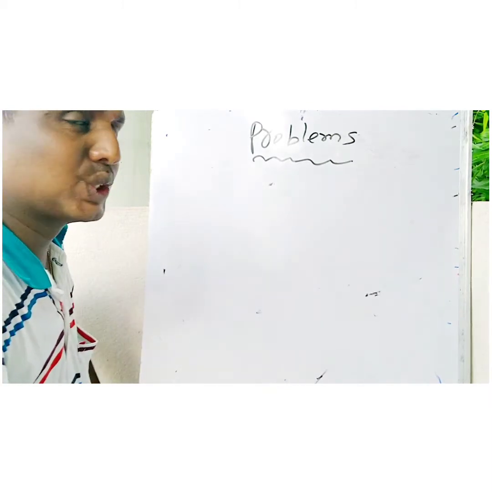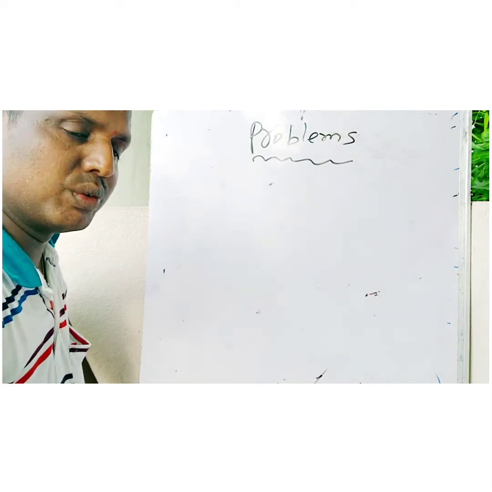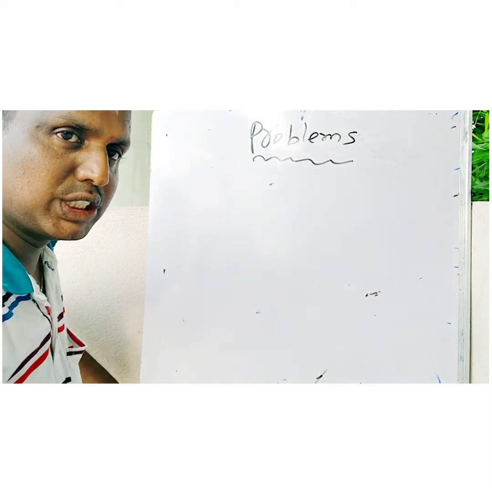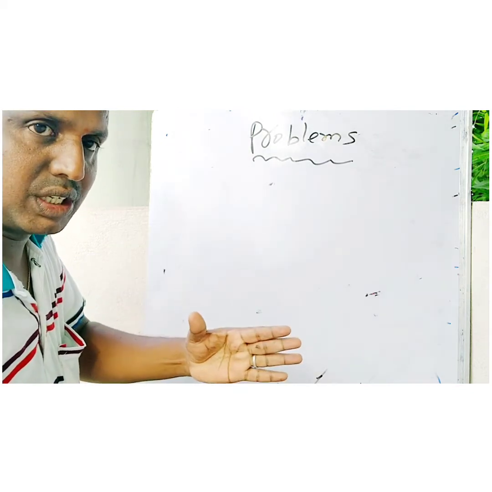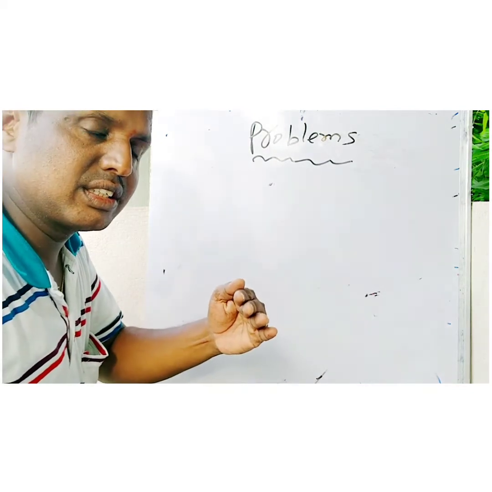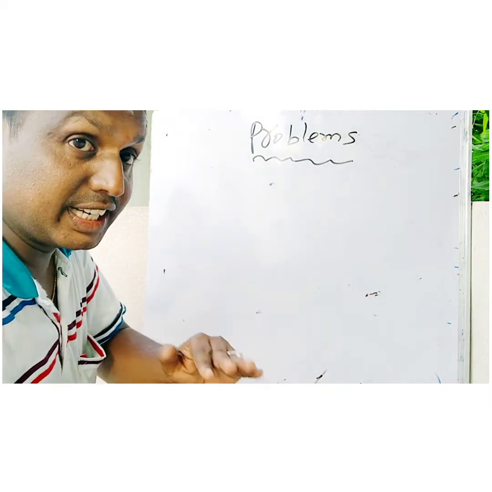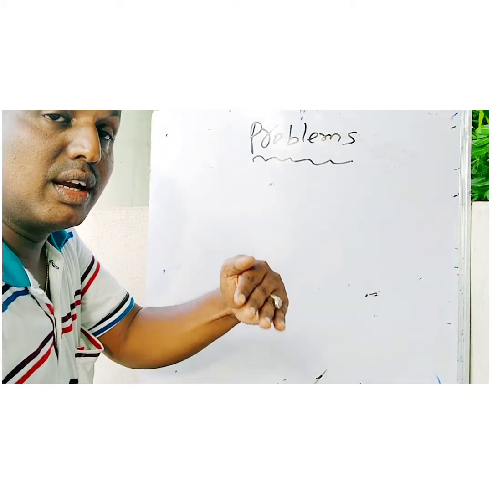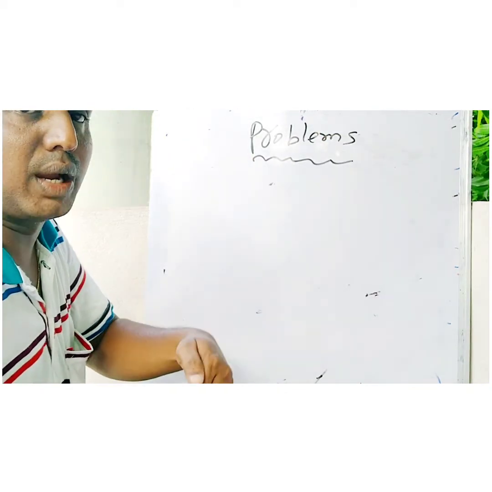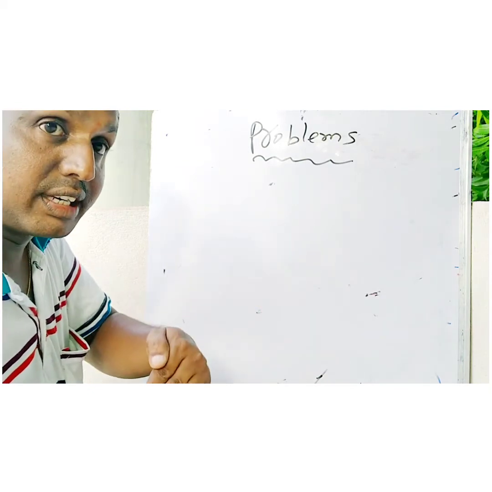Before going to solve problems, we have some steps. When a problem is given in the examination, step 1 is read and understand the problem. Step 2, write the given data in the problem.